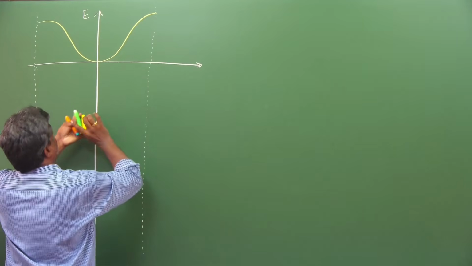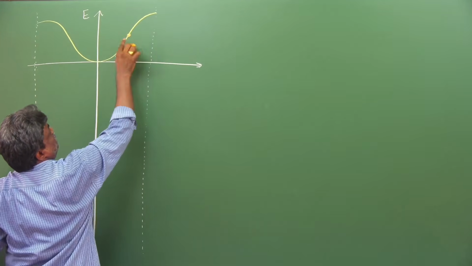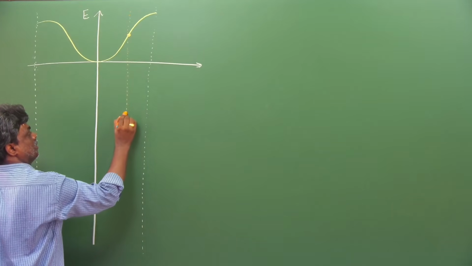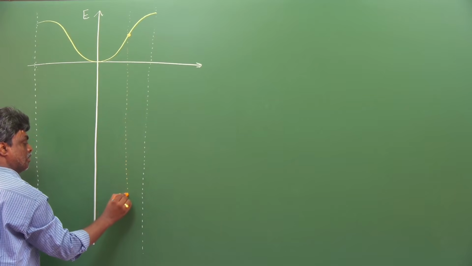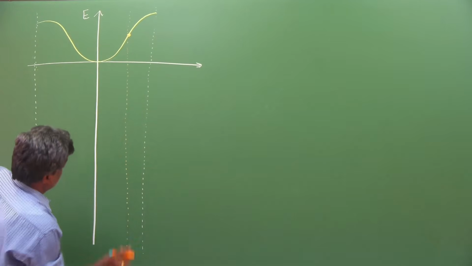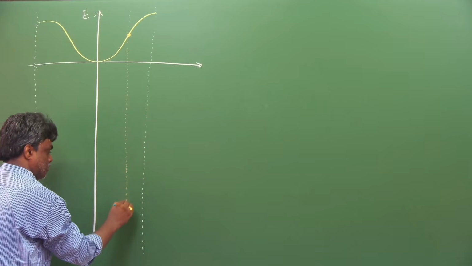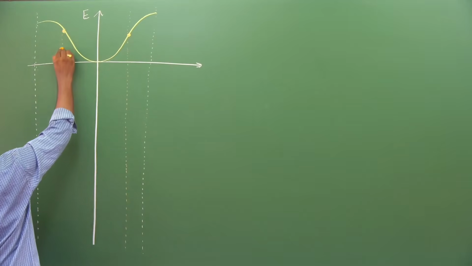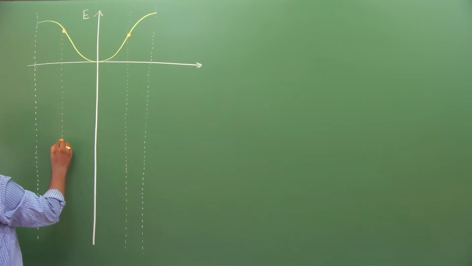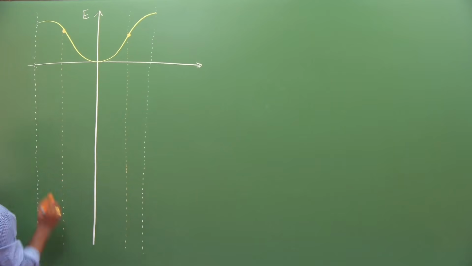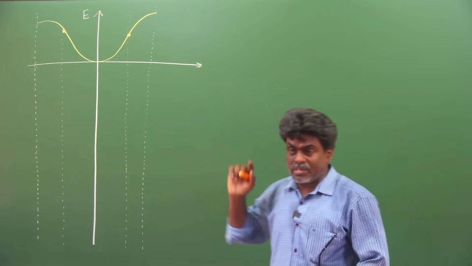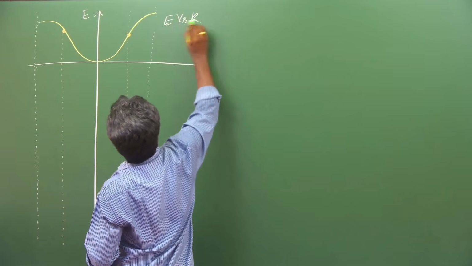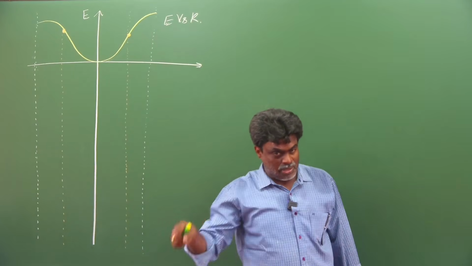Somewhere here we have the point of inflection, the red color line, please observe. And somewhere here we have the same point of inflection. This is the energy versus k diagram of an electron moving in the periodic potential.